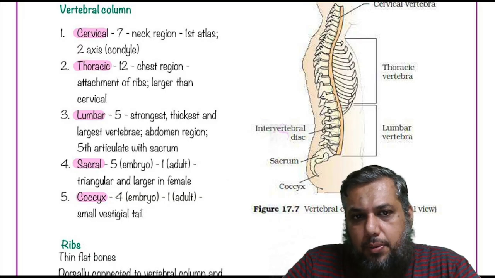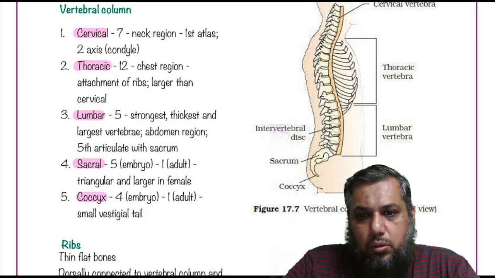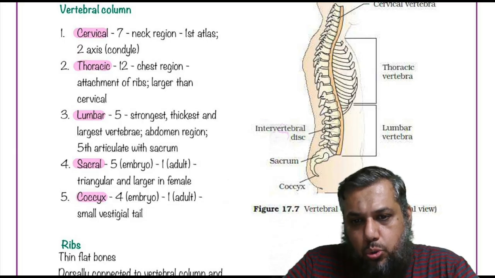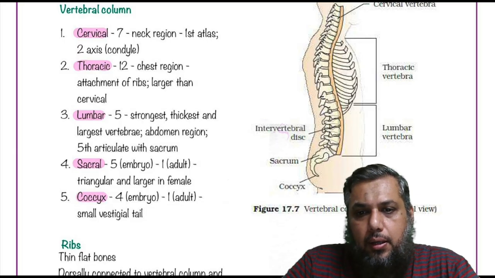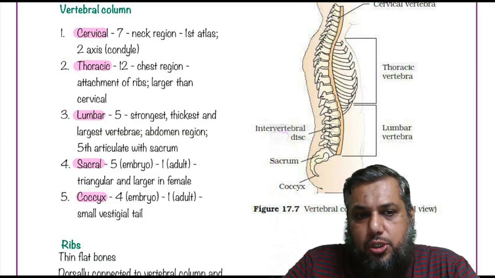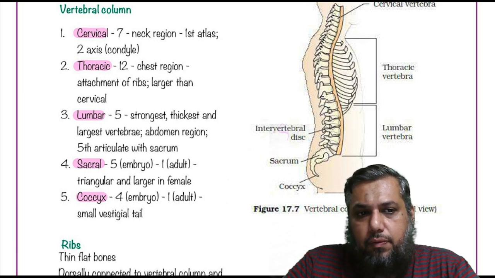Among the cervical vertebrae, which are 7, the first one is called atlas and the second is called axis. The axis has a condyle outgrowth which fits into the atlas to form the no joint. The atlas, the first vertebra, articulates with the occipital condyle of the skull and it results in the formation of the yes joint.